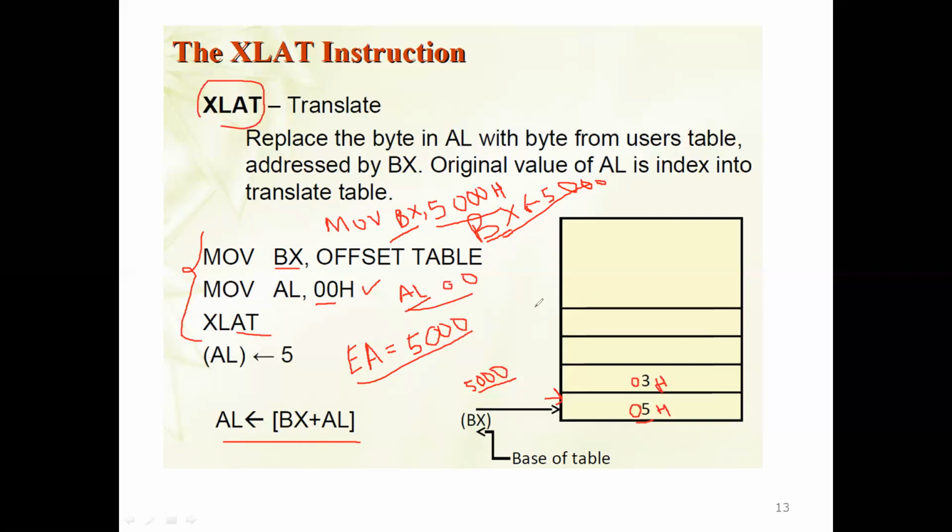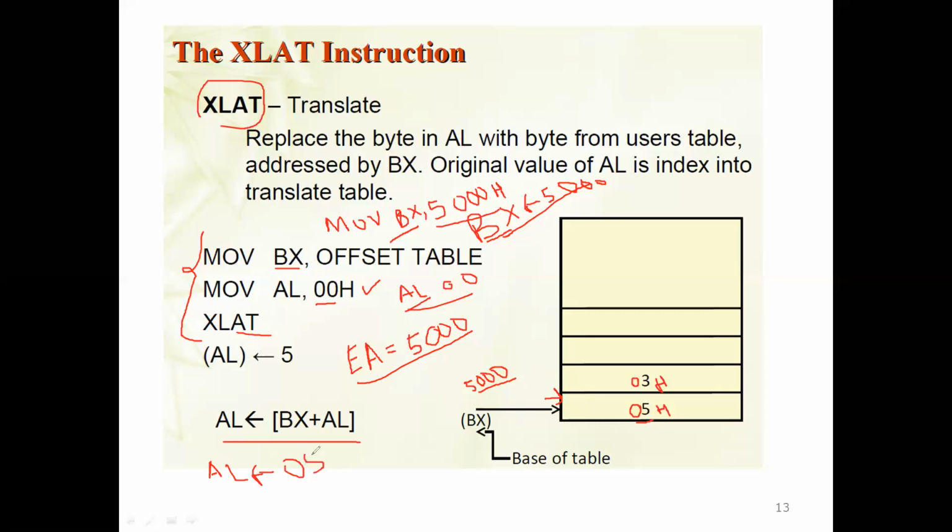Now in the memory, 05 data is stored in the 5000H memory location, which we have assumed. What will be the content of AL after execution of this instruction? This will be 05.